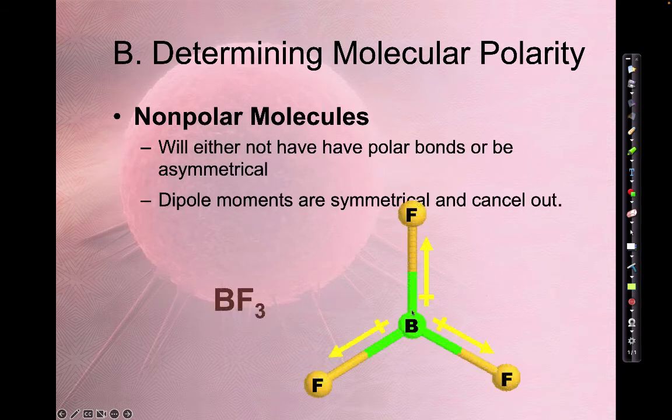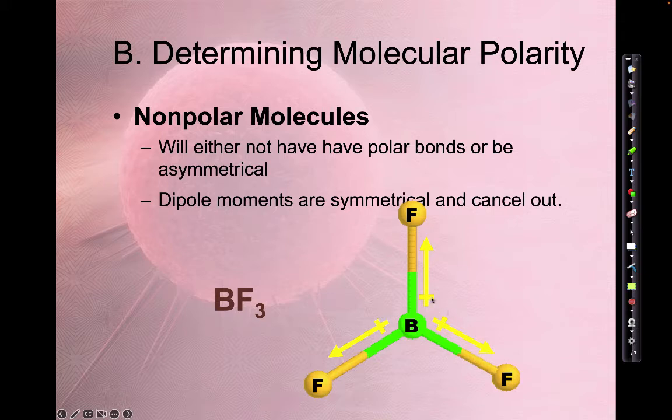This right here is a molecule that is symmetrical. We have dipoles going out towards the fluorines here, and if I were to take these and add them together, I would end up with a net zero dipole. When you look at this one, it's harder to tell, because these are going down, which will counteract the one that's going up towards this fluorine right here, and then you have one going to the left and one going to the right.